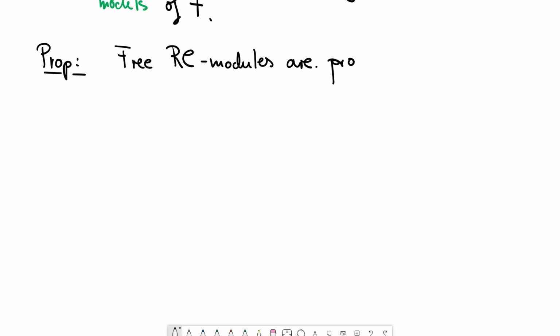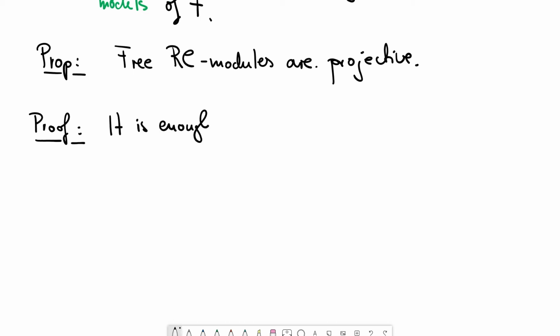So I want to prove the proposition that free RC modules in that sense are projective. It is enough to consider not a direct sum, but just one of those.